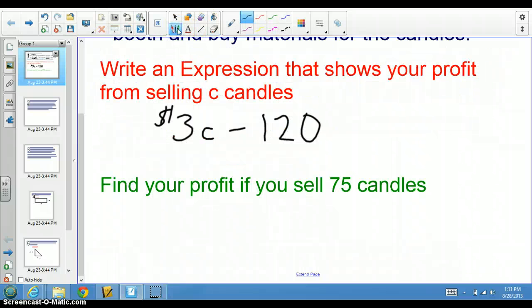Now, we need to find our profit if we sell 75 candles. So 75 is the amount of candles that we're selling, so that's going to go in for C. I'm going to replace my variable of C with 75.